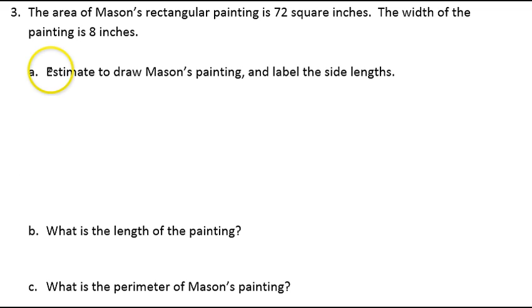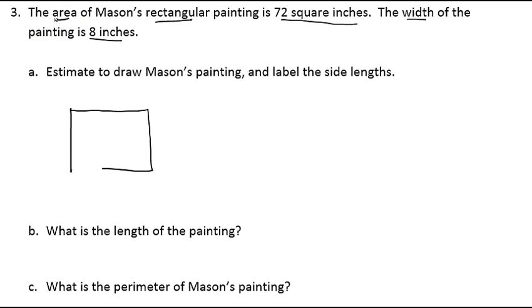This one says the area of Mason's rectangular painting is 72 square inches. The width of the painting is 8 inches. Estimate to draw Mason's painting and label the side lengths. So we have a rectangular painting and we know the width is 8 inches. We don't know the length, but we do know the area. The area is 72 square inches.